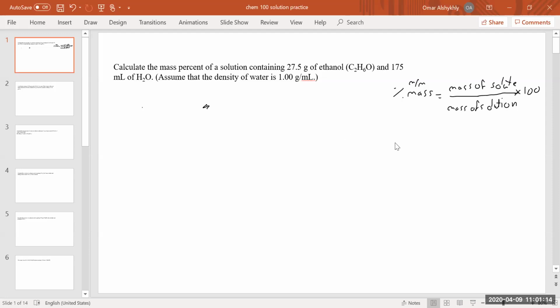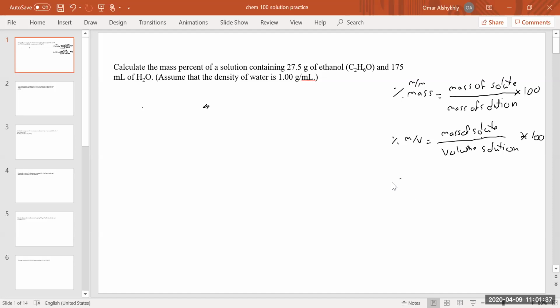And here, we need the mass per volume. It will also be mass of solute divided by volume of solution times 100.